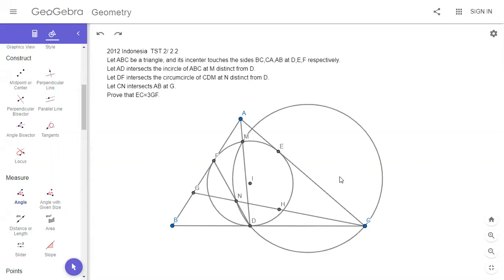So Urajan says that FN over CD, and I see how he gets it, is FM over MD, which is EF over 2 ED. So John, can you write out how you use Menelaus, like to finish it off?